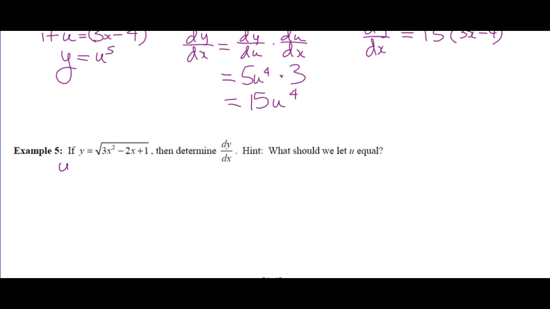Okay, so u is equal to 3x squared minus 2x plus 1. Then what's y equal to? Root u, or u to the 1/2, right? Because that'll be handier when we do dy by du.